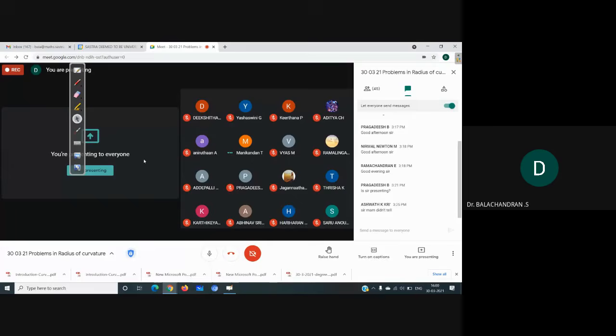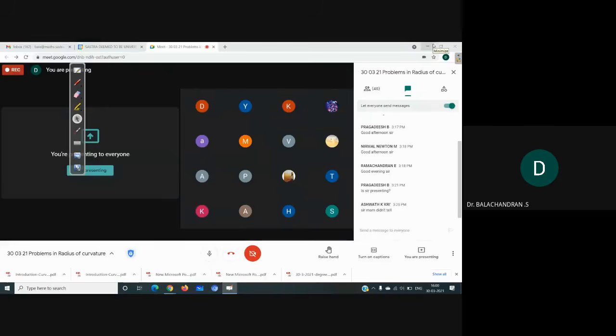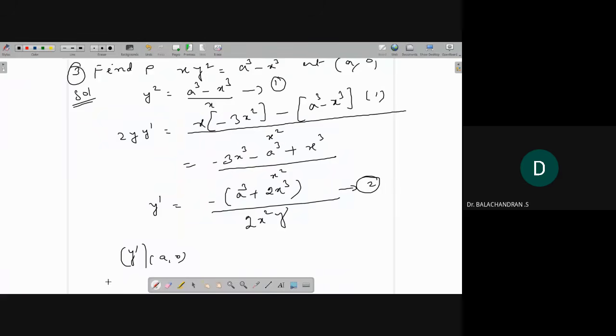So who is ready to tell the answer? Y dash at a comma 0. Nirmal? Newton? Infinity, sir. Yes, correct. Infinity. Because the denominator will have y, so if you substitute y equal to 0, you'll get infinity.